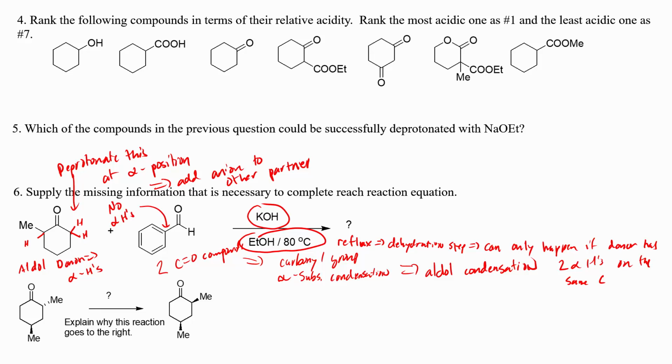All right, so we're going to deprotonate one of these hydrogens right here to get this started. So what do we do here? We're going to pull that off. That's a resonance structure. It's the enolate.